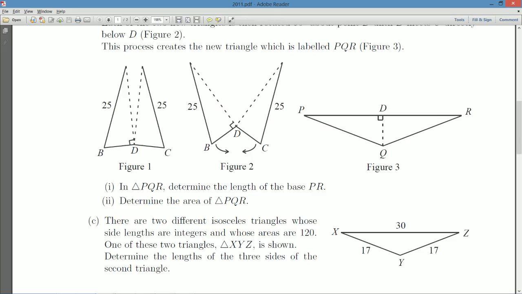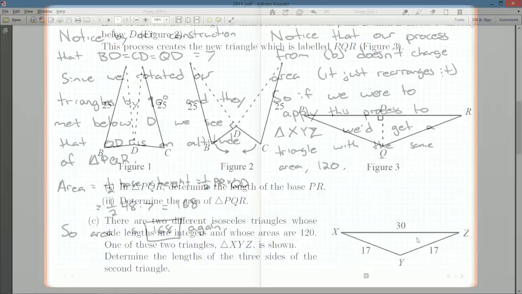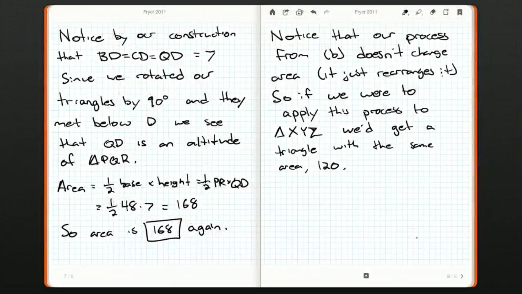Now, this triangle XYZ isn't exactly oriented so that we can apply the process, so we're going to flip it, but that doesn't really change anything. Oh, sorry, the Y is at the top, isn't it?